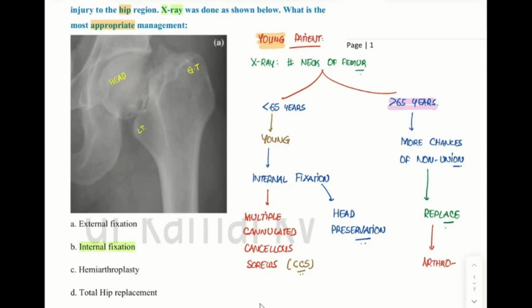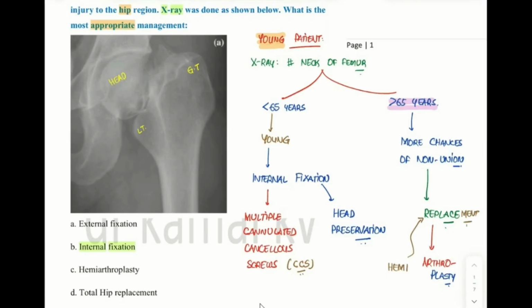Replacement arthroplasty. Now since we are removing only one component of the hip joint, because the other component of the hip joint is the acetabulum, so the acetabulum is left but only the head is removed. So we are replacing half the component of the hip joint. So therefore what you will add? Hemi replacement arthroplasty.